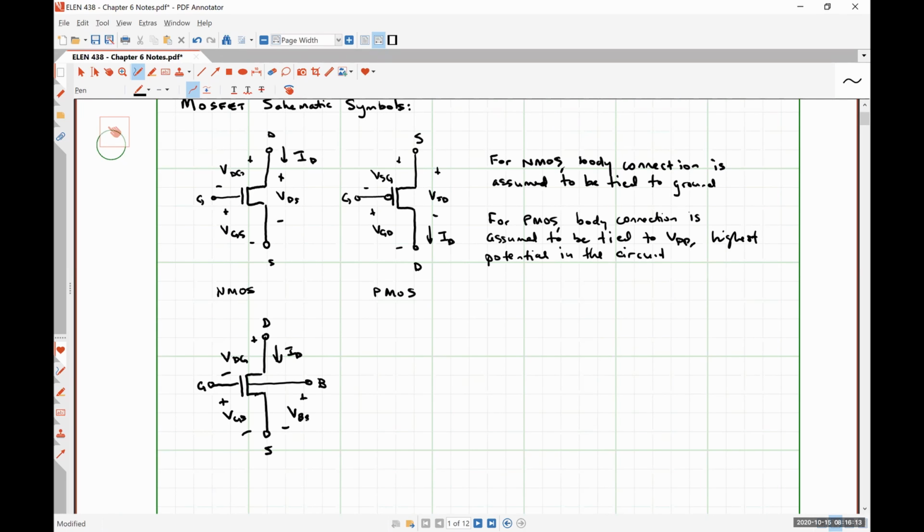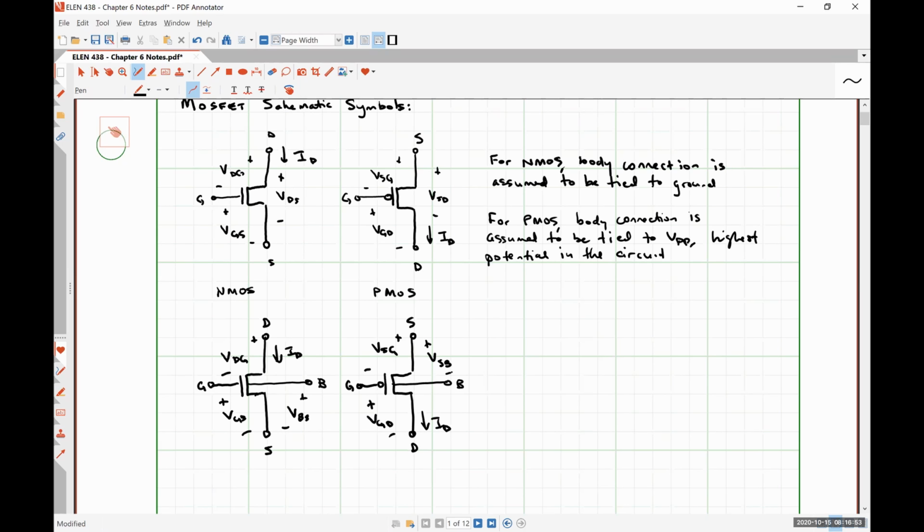And for our PMOS, here's our body terminal. Here's the direction for our drain current. And then we have VSG, VGD, and VSB, like so.